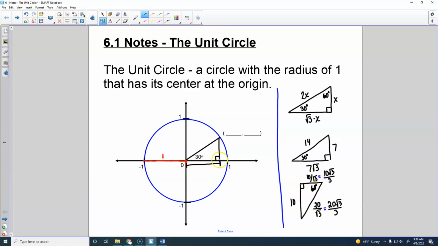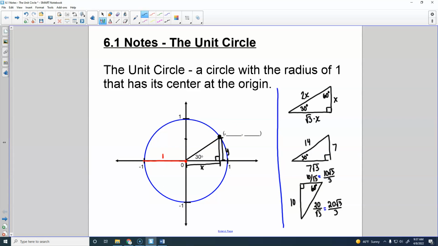It's going to give us my x-coordinate right here. And then vertically, that vertical distance is my y-coordinate. So the lengths of these sides will give us the x-coordinate and the y-coordinate of this point right here on the edge of the circle.